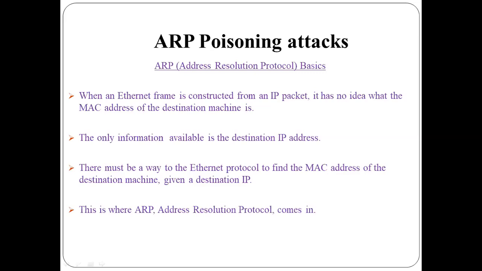Definitely we have the IP address, but if we do not send the ARP request packet, we will not have the knowledge about the MAC address of the target device. So this is where ARP comes into the picture.